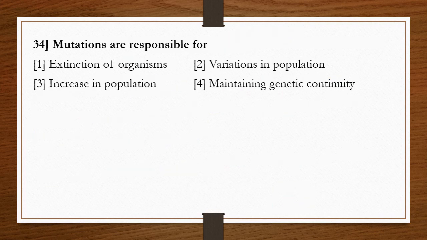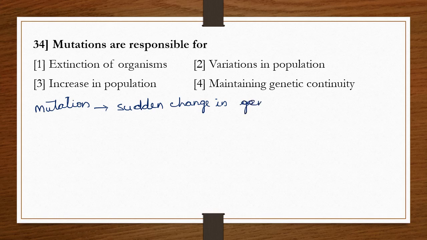Question number 34. Mutations are responsible for: option 1, extinction of organisms; 2, variations in population; 3, increase in population; 4, maintaining the genetic continuity. We all know very well that mutation is defined as a sudden change in genetic material.